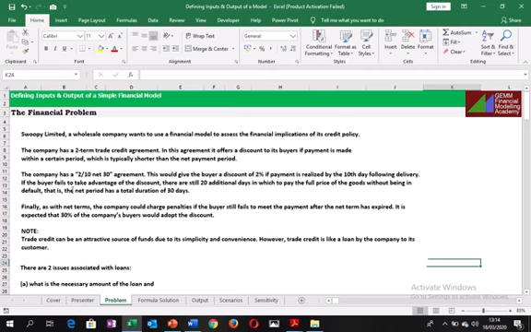If the buyer fails to take advantage of the discount, there are still 20 additional days in which to pay the full price of the goods without being in default. That's the 30 days. So the difference between 30 and 10 is the 20 additional days that customers can pay the full price of the goods delivered to them, and that they will not be in default.